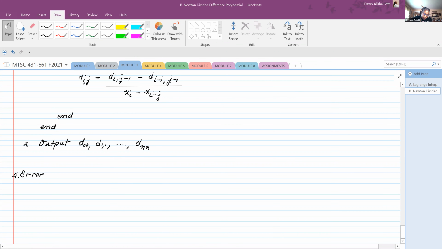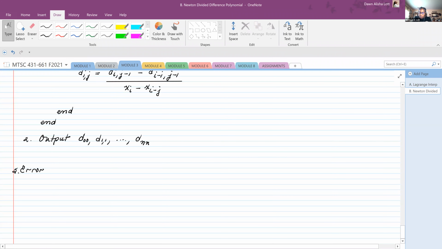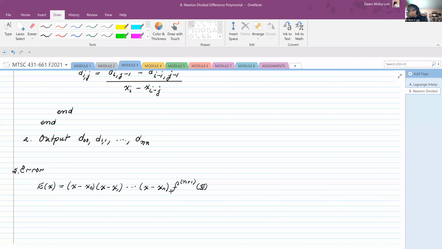So the error in interpolation is the same as the error for the Lagrange interpolating polynomial. So E of x turns out to be (x minus x0)(x minus x1) through (x minus xn), times the n plus first derivative at some number c over n plus 1 factorial.